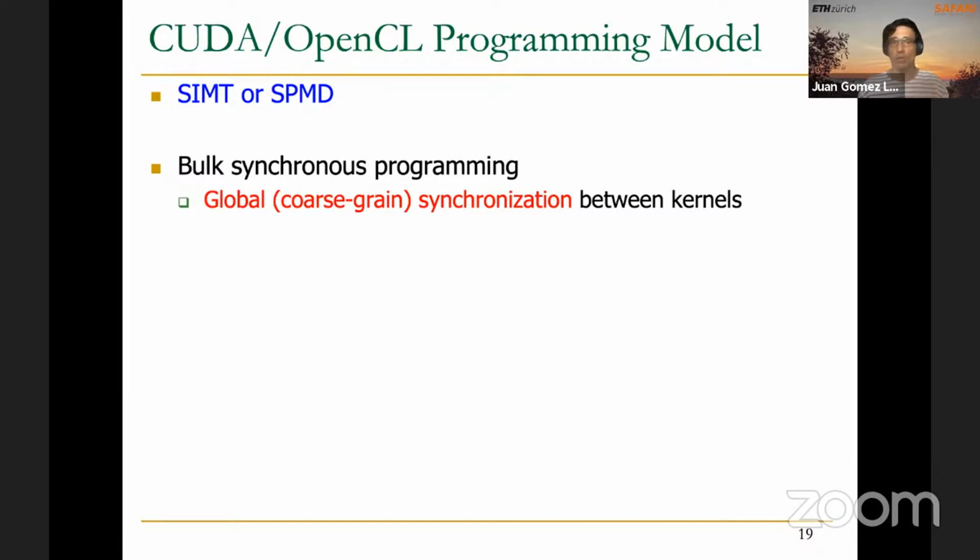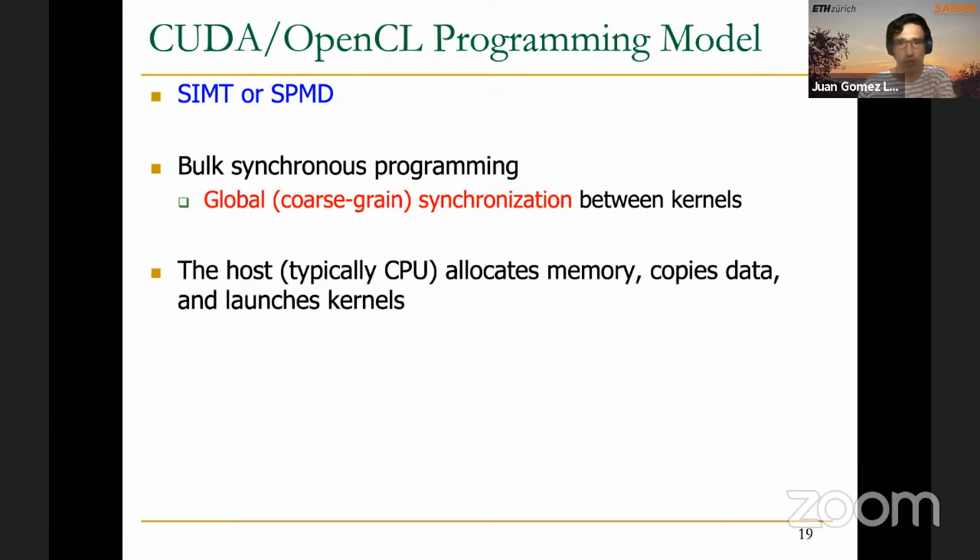That's why we talk about bulk synchronous programming. So recall that we execute kernels on the GPUs. At some point, one kernel terminates, and that's the point where all the threads that executed the kernel synchronize. So this is a global barrier or a coarse-grained barrier that synchronizes all threads. And after that point, we can launch a new kernel, and then new threads start with the execution.